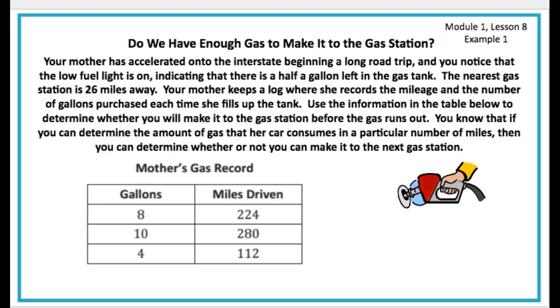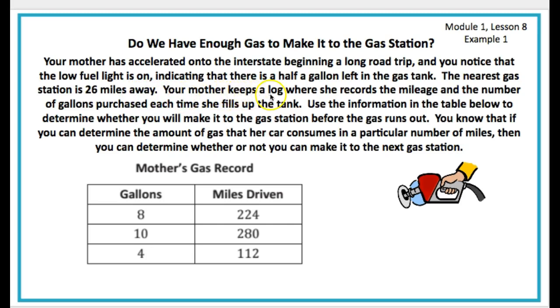Do we have enough gas to make it to the gas station? Your mother has accelerated onto the interstate beginning a long road trip, and you notice that the low fuel light is on, indicating that there is half a gallon left in the gas tank. The nearest gas station is 26 miles away.